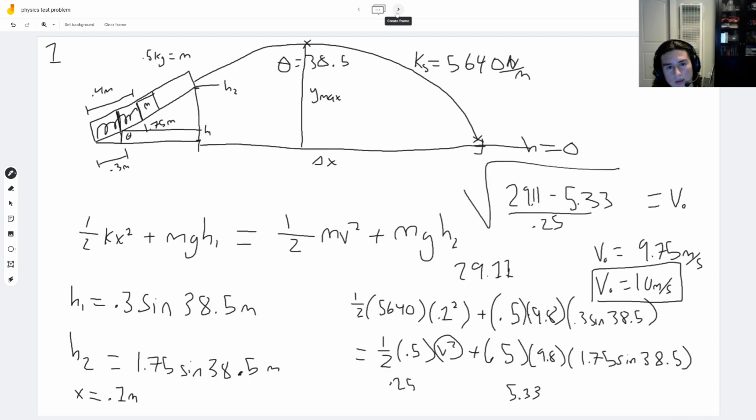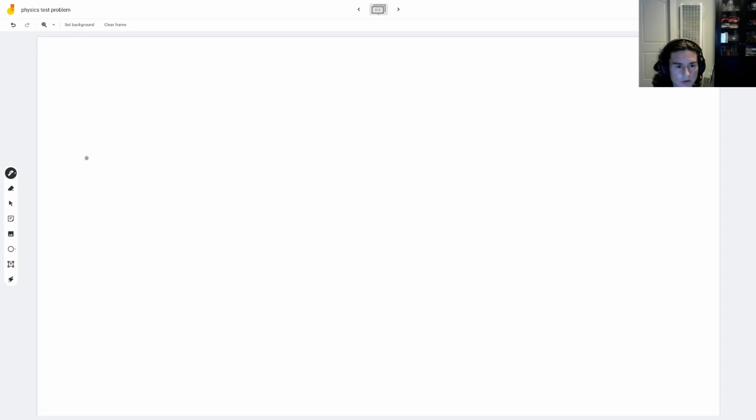So now basically we have the initial launching point, which is going to be here, where we have a y initial and an x initial. So the launching point also has a velocity initial that we calculated on the other page.